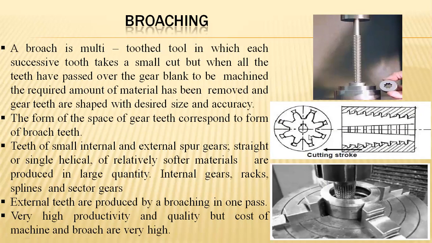It is utilized for getting small cuts simultaneously when all the teeth have passed over the gear blank, in order to machine the required amount of material that has to be removed, and gear teeth are shaped with the desired dimensions with preferred or greater accuracy.